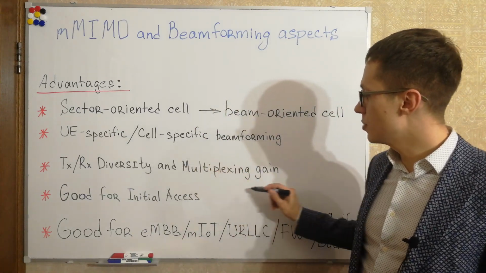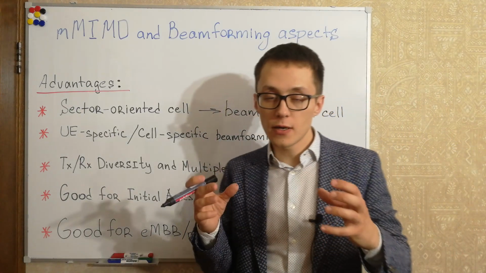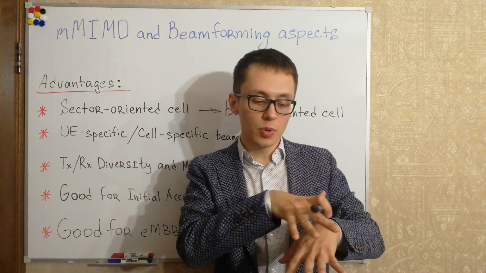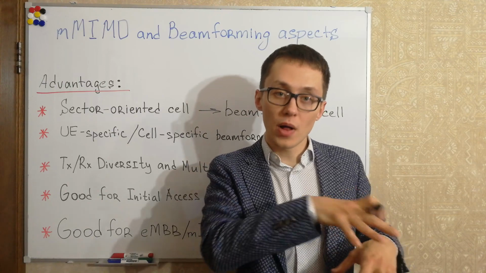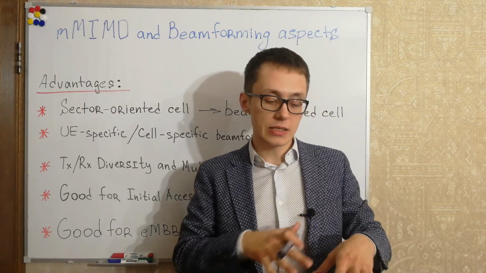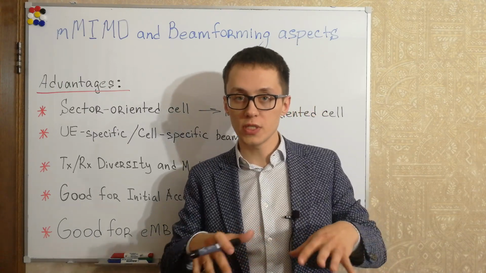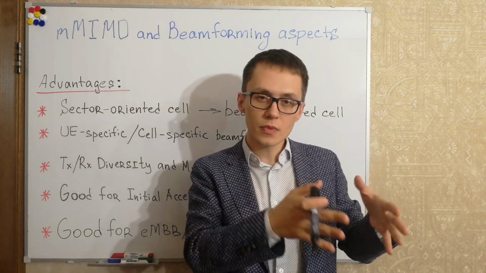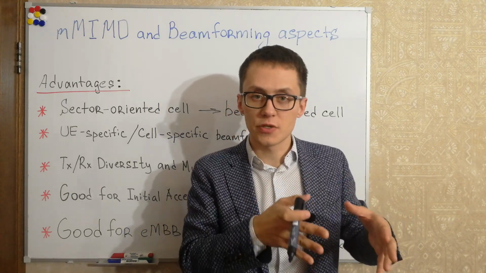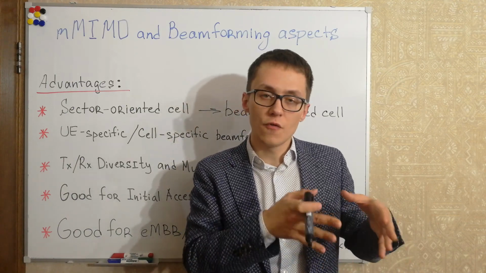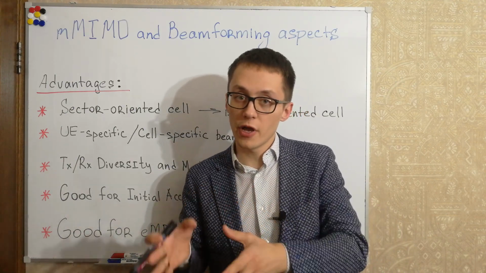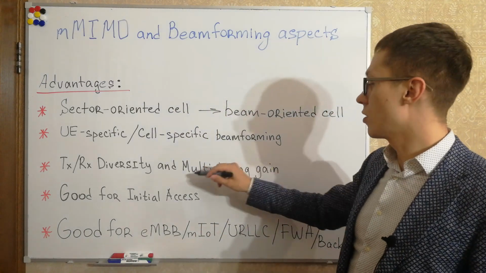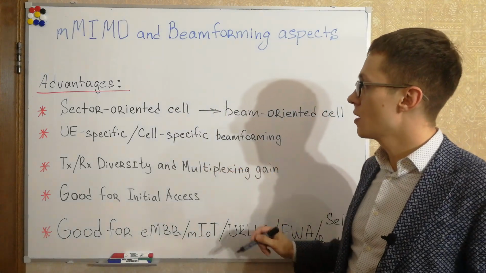And of course, multiplexing gain is when we can use such an antenna system to form multiple beams for multiple users. And at the same time, they will not interfere with each other, because all necessary energy will be formed in a particular direction. This we can call multiplexing gain.